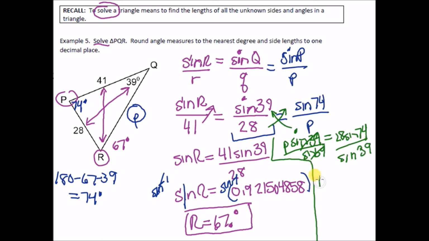So now we have P equals 28 sine 74 over sine 39, and you just plug that right into your calculator: 28 sine 74 divided by sine 39. And we get 42.8. One decimal place. 42.8. And that is going to be measured in, let's call this units.